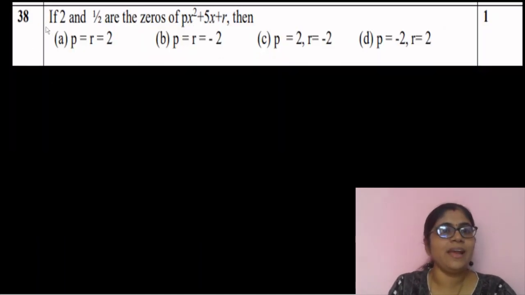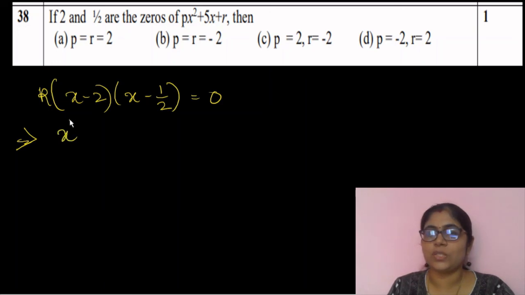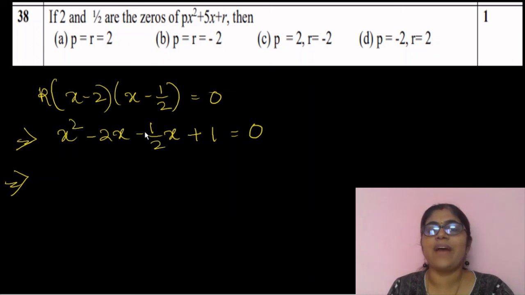Now look here, if 2 and 1 by 2 are zeros of px square plus 5x plus r, then what is the value of p and r? So 2 and 1 by 2 are the zeros. So the equation is k into x minus 2 into x minus 1 by 2 equals to 0, which implies that we can cancel the k here. So x square minus 2x minus 1 by 2x plus 1 equals to 0, which implies this is 5 by 2x.